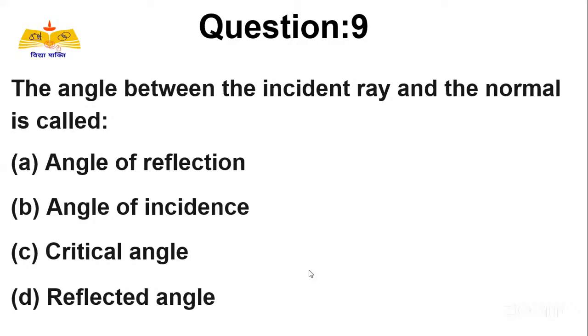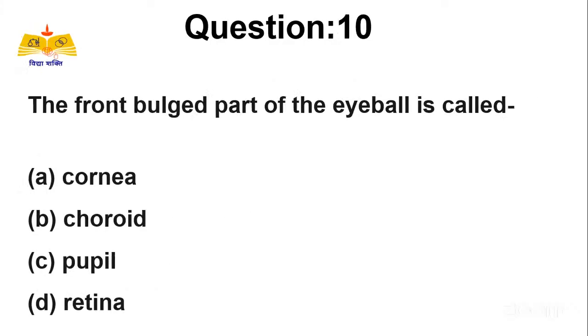So let's proceed to the 10th. The front bulged part of the eyeball is called A, cornea, B, choroid, C, pupil, D, retina. The front bulged part of the eyeball is called A, cornea, B, choroid, C, pupil, D, retina.